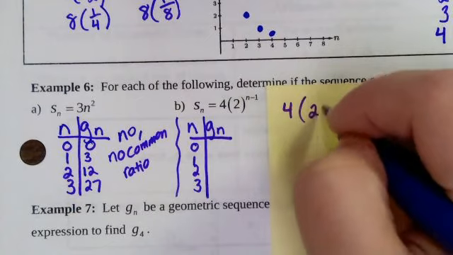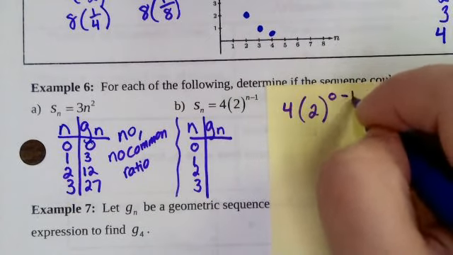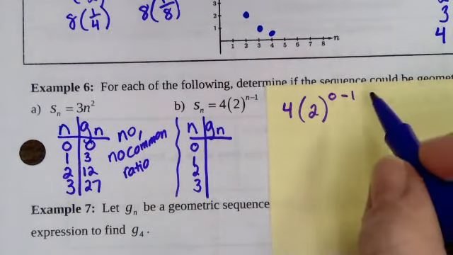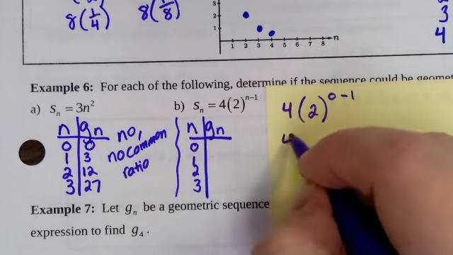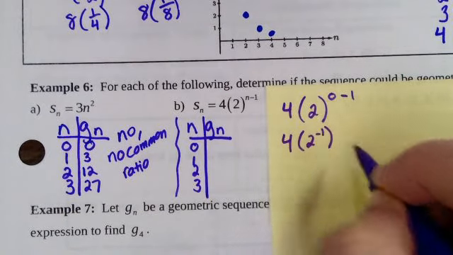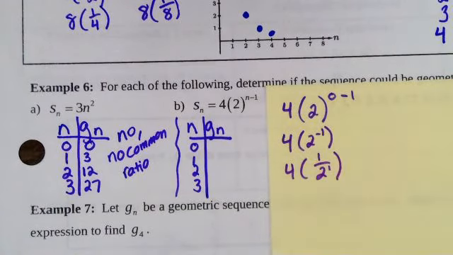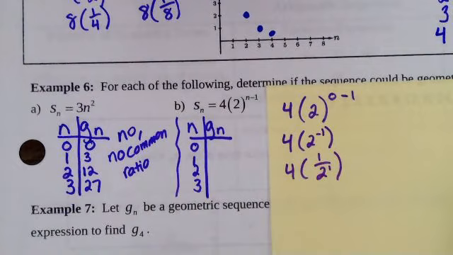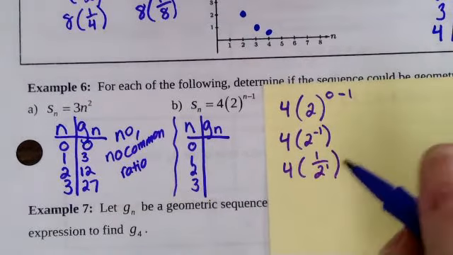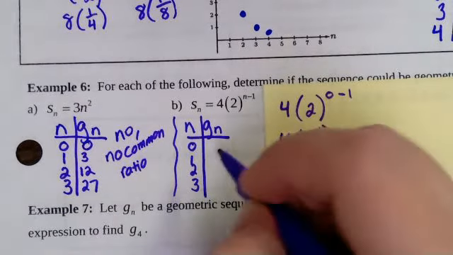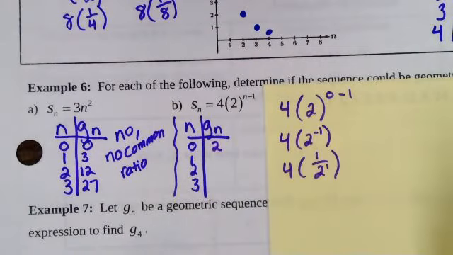4 times 2, and if we plug in a 0, well, 0 minus 1 is a negative 1. 2 to the negative first is going to be the same thing as 1 over 2 to the first, right? Negative exponents, flip it, and bring that number down to the denominator. 4 times a half is going to give us 2.